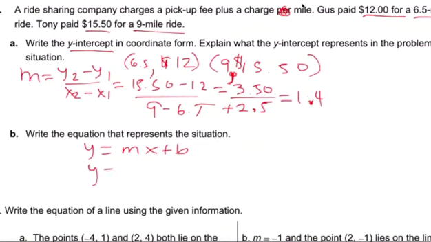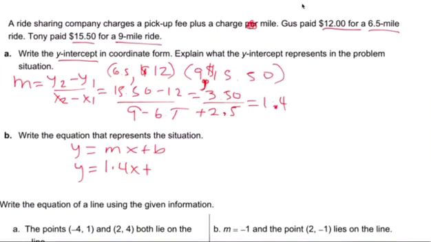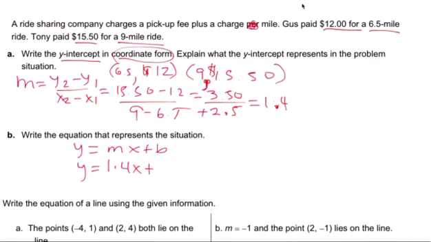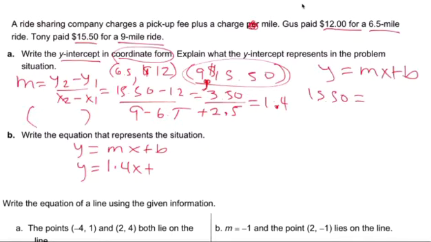So y equals 1.4x plus, now finding the y-intercept, they want it in coordinate form. So let's find the coordinate of it. So y equals mx plus b. So I'm going to use this one. 15.50 equals m, which is 9 times, no, m is not 9.